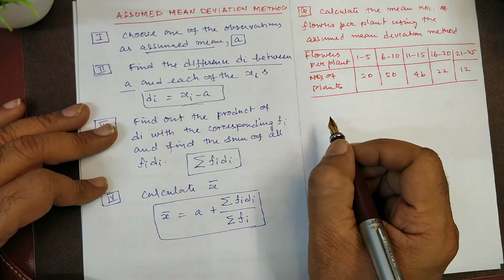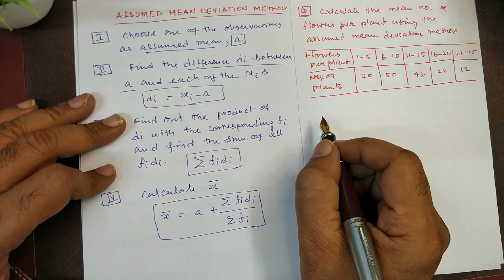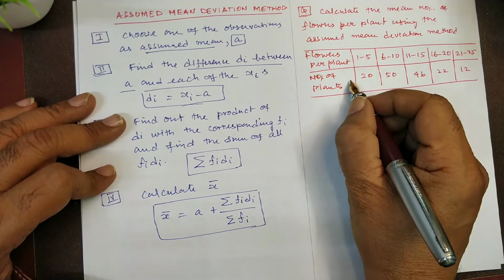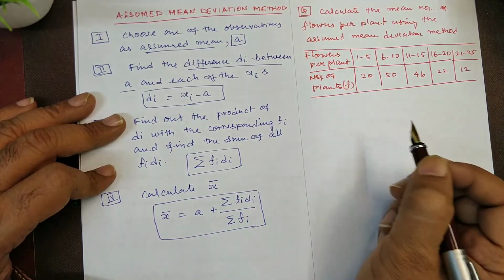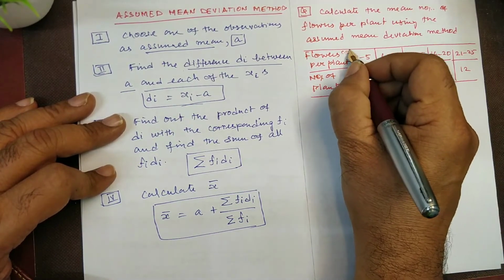Now let us draw the frequency distribution table. This is the frequency, f. This is the class interval, Ci.